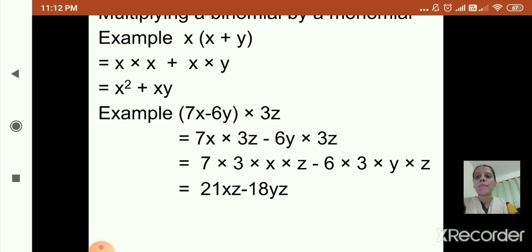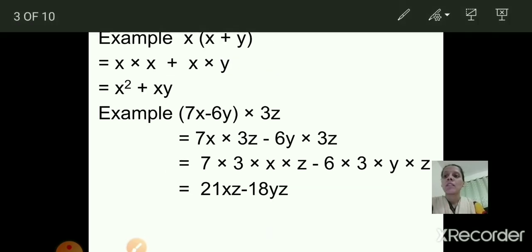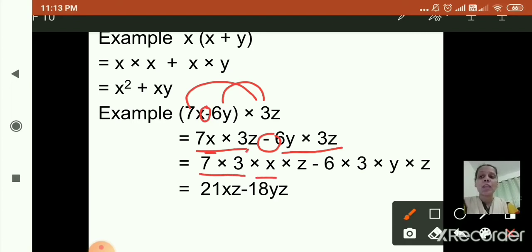First we multiply 7x by 3z, and then we will multiply 6y by 3z, and in between the minus sign. So 7x multiply by 3z: first we will multiply the coefficients, that is 7 multiply by 3, and x and z are the variables that we will multiply separately, x multiply by z.